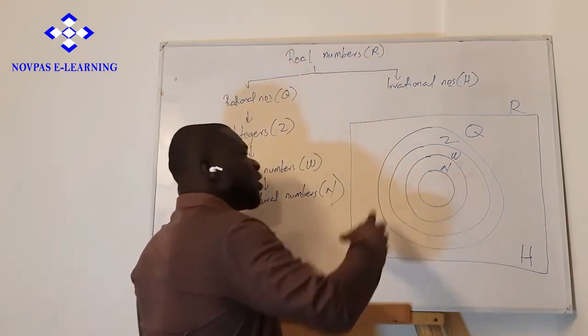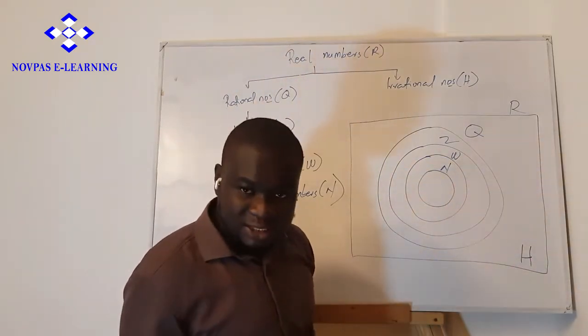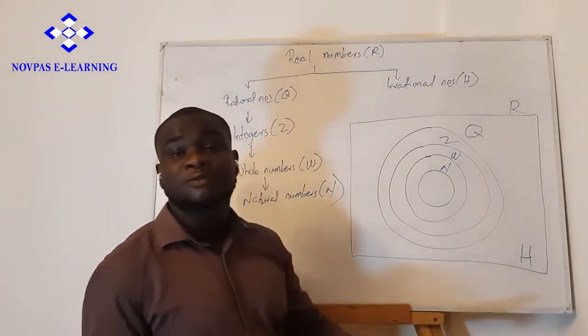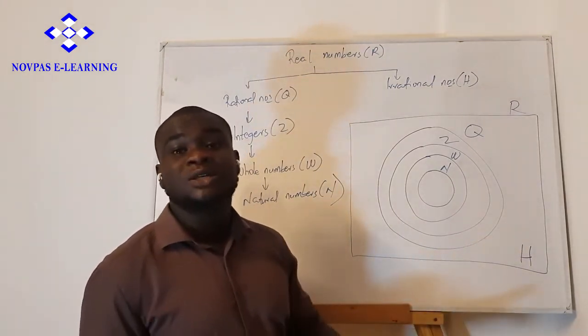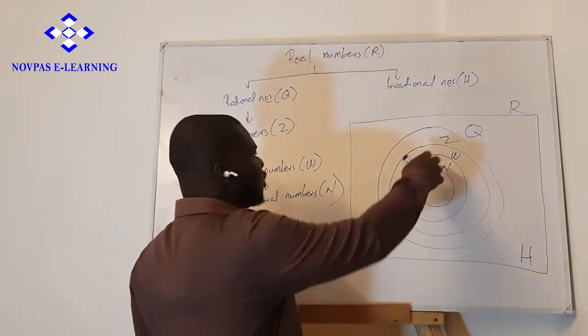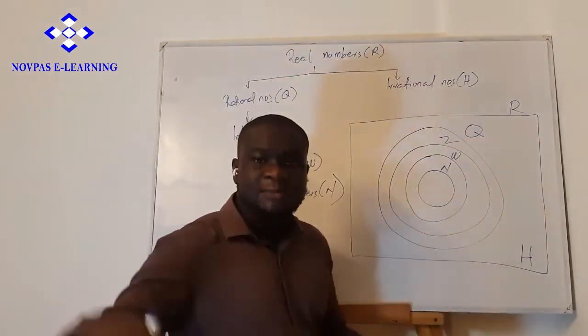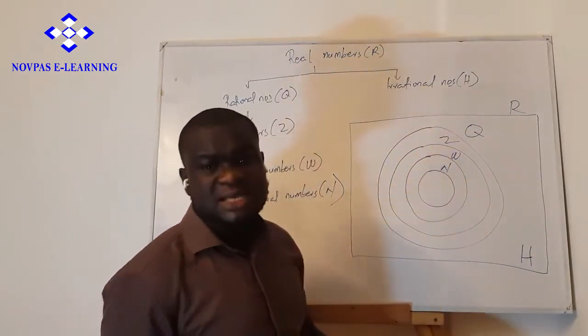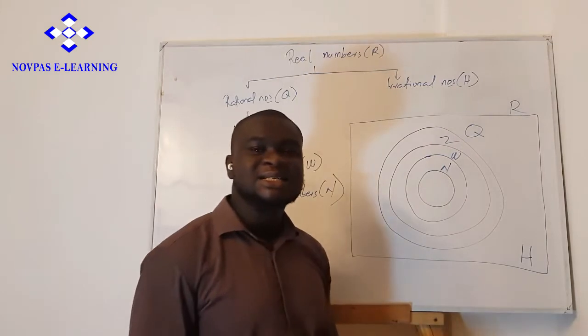Good. Now, what is Q? Q is rational numbers, okay? And rational numbers consist of what? Integers, fractions, whole numbers, right? Which means that integers can be found within rational numbers, right? And whole numbers start from 0. And we said integers are what?